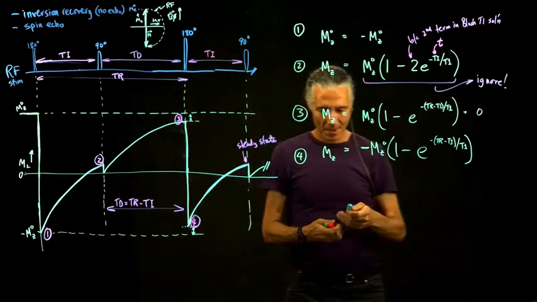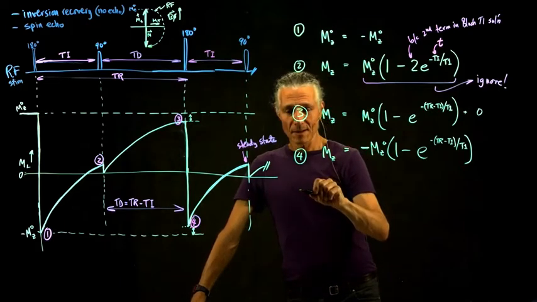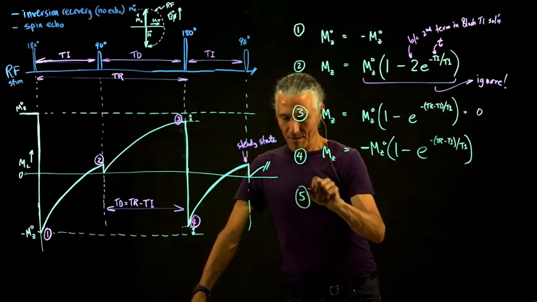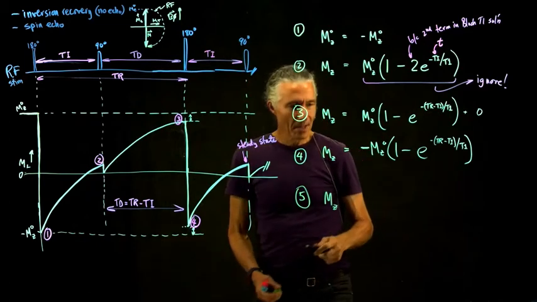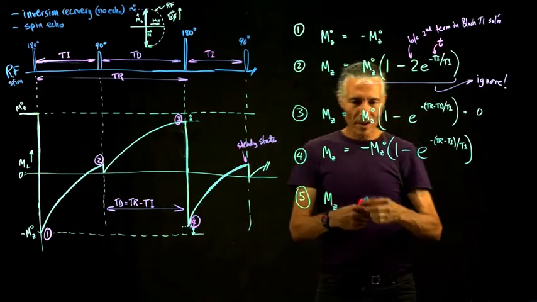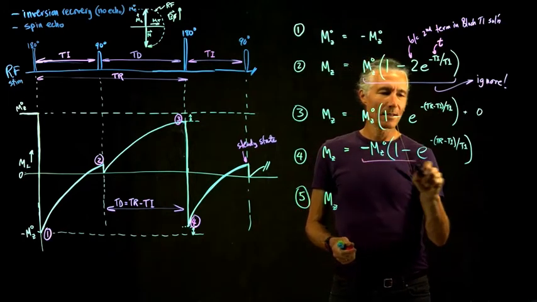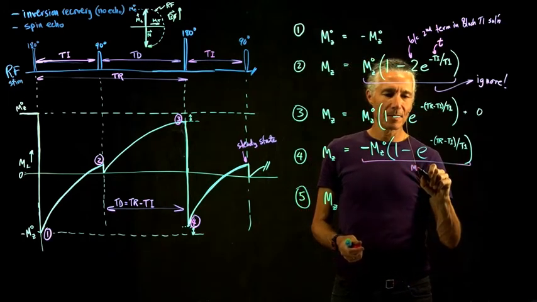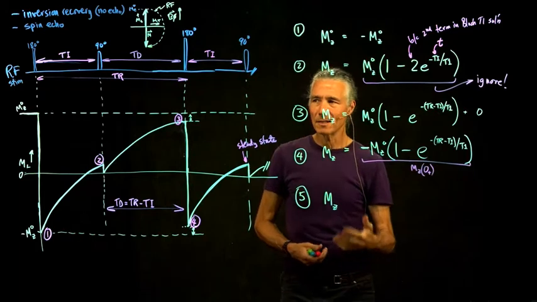So what is that equation? That will finally give us our final equation. Starting with this equation, this guy is Mz0 plus. That's our initial condition in the differential equation.